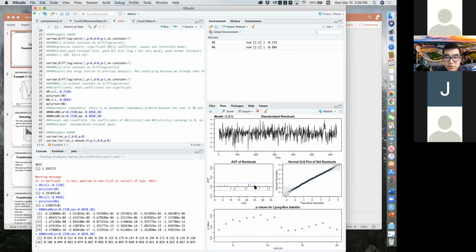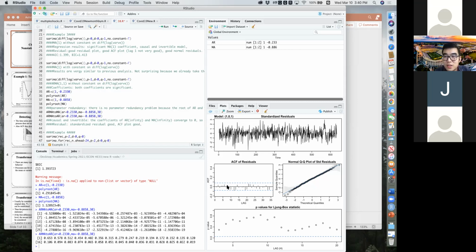Then let's check the ACF plot. You can easily see this ACF plot is much better than our previous ACF plot, especially at lag one. We do not find any lags that have the ACF larger than the confidence interval, which suggests that all the ACFs are insignificantly different from 0. So the ACF plot is good.